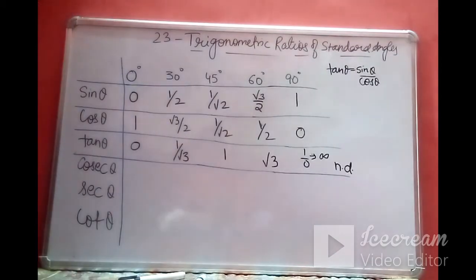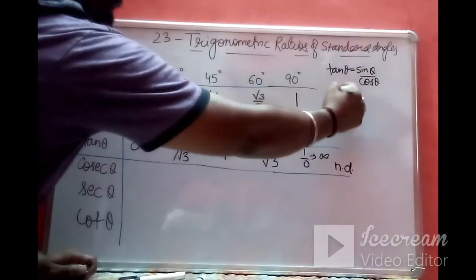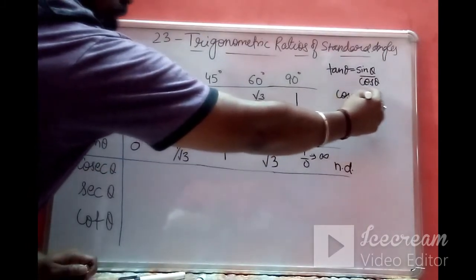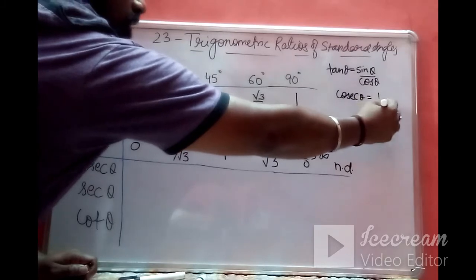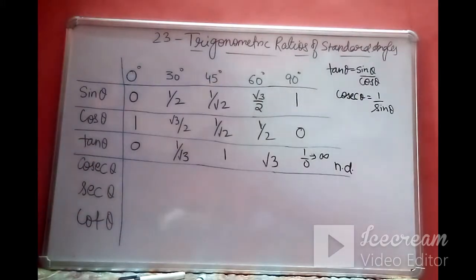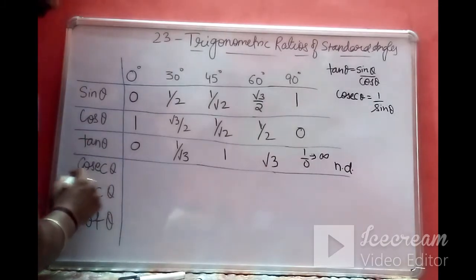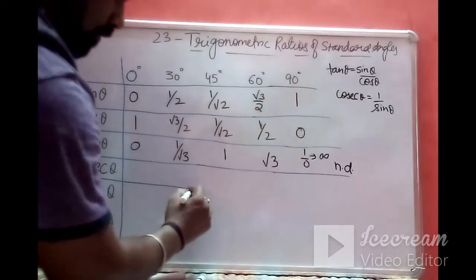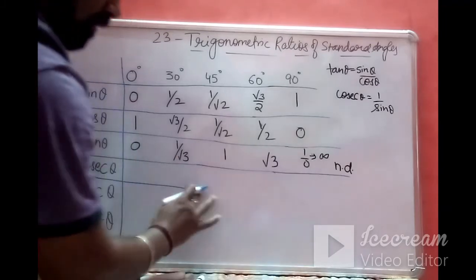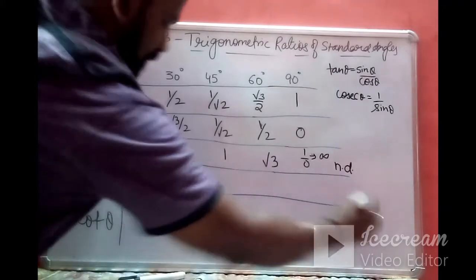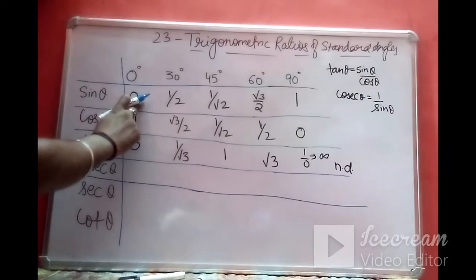Now coming to cosec theta. We know that cosec theta equals 1 upon sine theta. So if we want to write the values of cosec theta, we will simply take the reciprocal of these values.